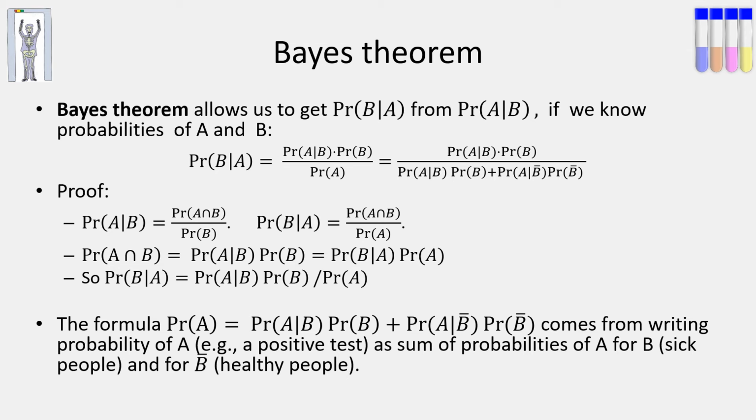Probability of A given B times the probability of B must be equal to probability of B given A times the probability of A.